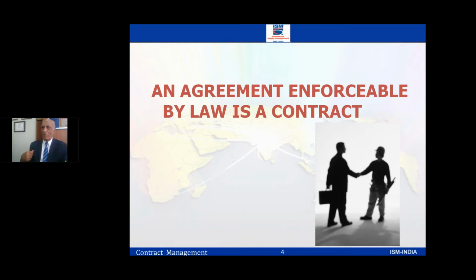Those are the key elements. There are other elements, but these are the key elements to form a contract. So a contract is an agreement enforceable by law, while if an agreement is not enforceable, then the agreement remains an agreement. This is what I would like to make clear.